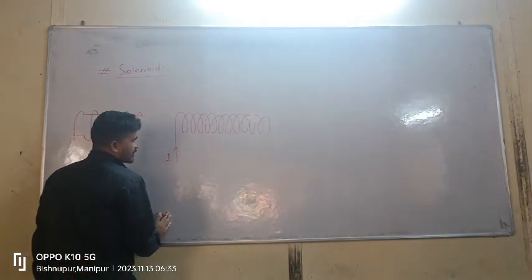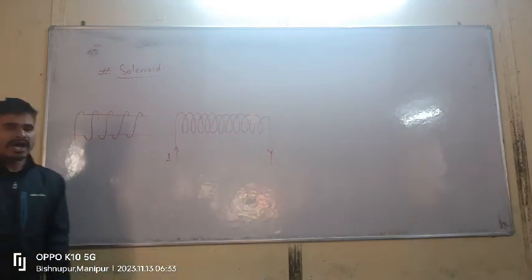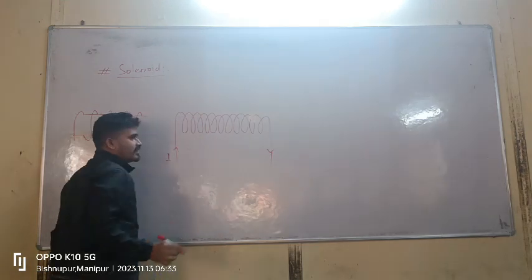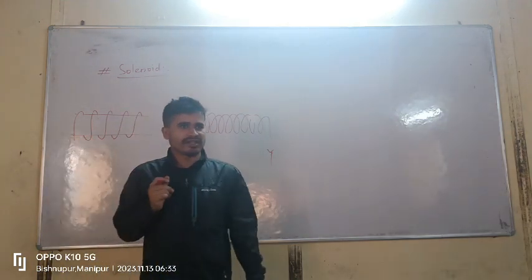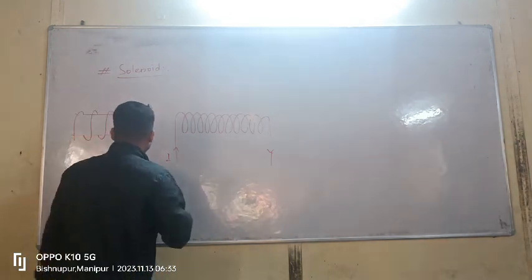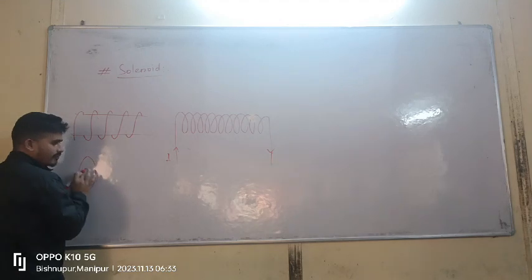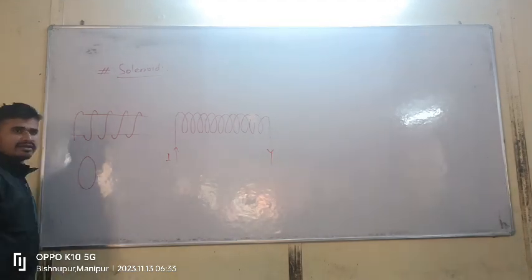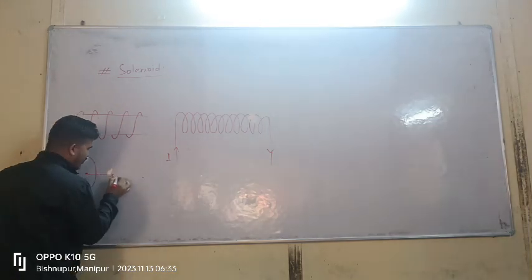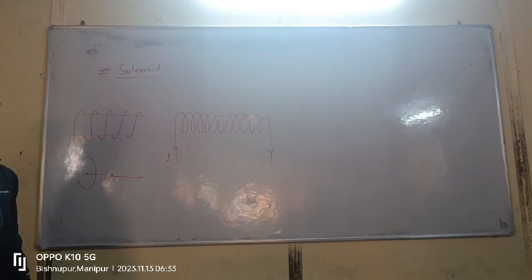I can pass current I through this solenoid. If you talk about one single turn, is this a circular ring? I have already calculated the magnetic field due to this circular ring, at its center as well as at a distance x from its center along its axis.